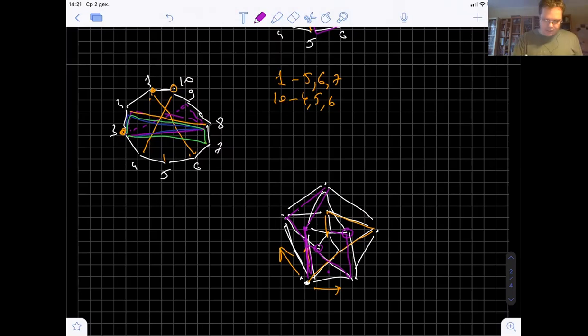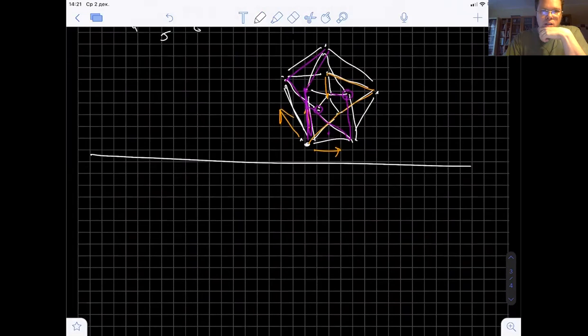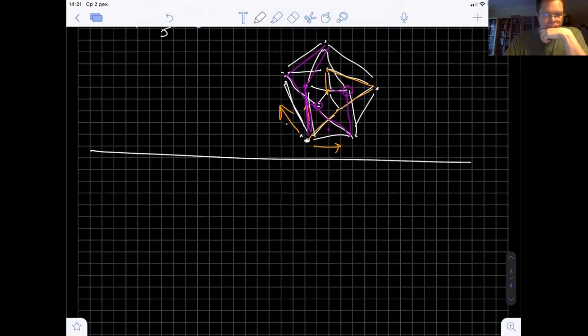Okay, so let's talk about some theorems. The two main theorems. The first is the theorem of Ore.